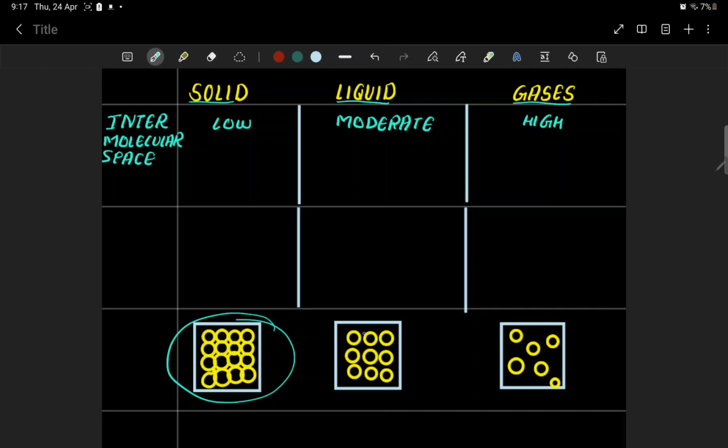In gases, we have moderate space, and in liquid, we have a large amount of space between the atoms.